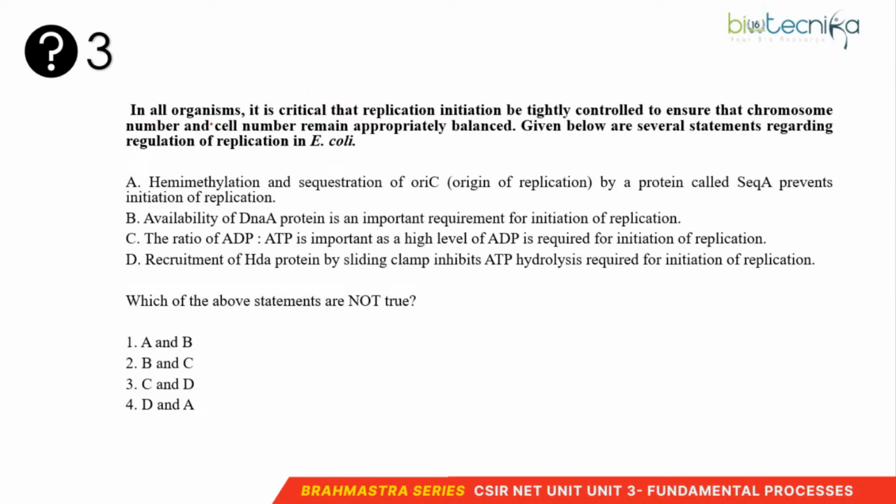In all organisms, it is critical that replication initiation be tightly controlled to ensure that chromosome number and the cell number remain appropriately balanced. Given below are several statements regarding regulation of replication in E. coli. So, what are the statements?